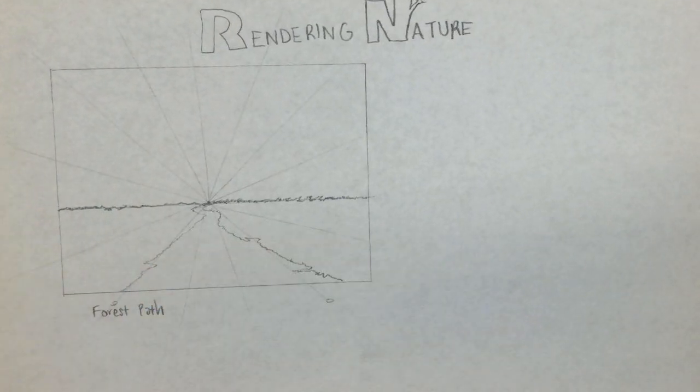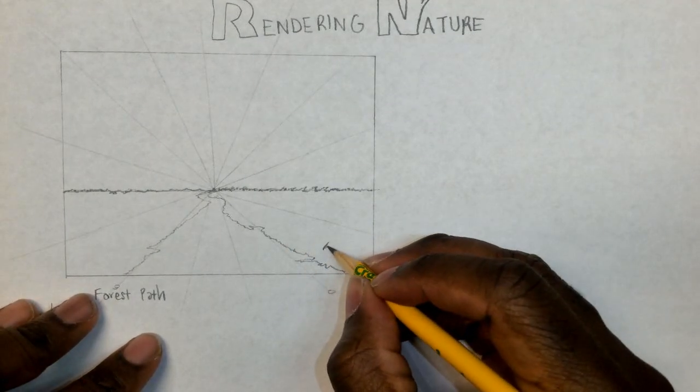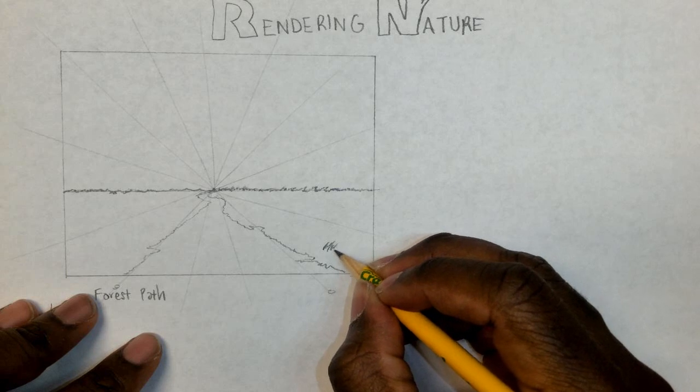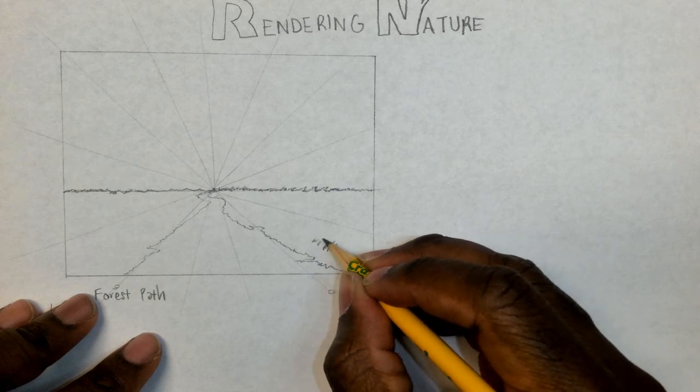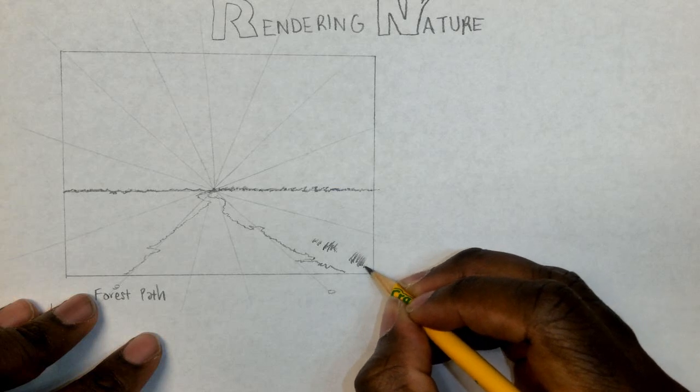Now, what about grass? Would I expect you to actually draw every single blade of grass? The answer to that is no, because that is literally impossible. Likely, you're just going to use a few curved lines, and they will grow in number the closer you are to the edge of your paper.